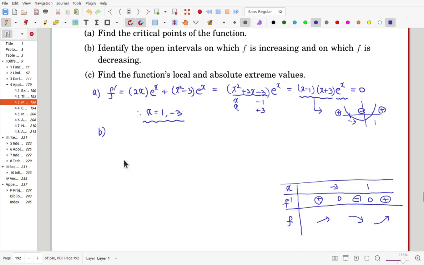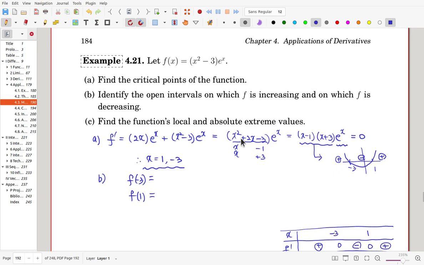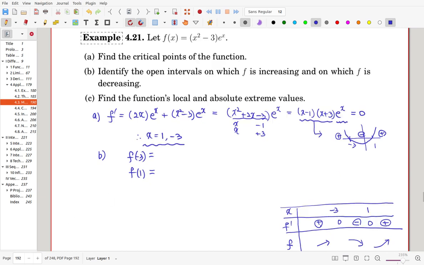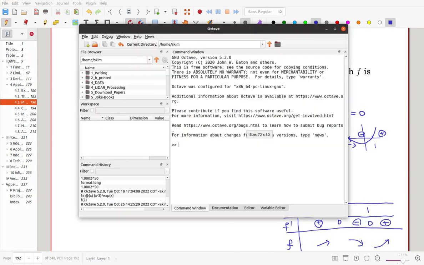Okay, so here we evaluate f at minus 3 and f at 1, then you can find the extreme values. Let's try to get it by using Octave. Okay, what is the function? The function is x squared minus 3 times e to the x.